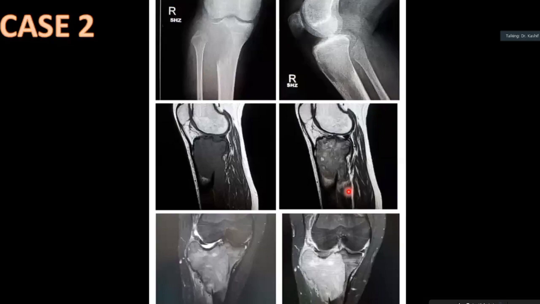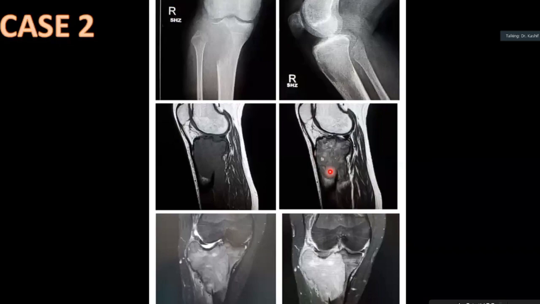So the differential diagnosis on plain radiograph would be giant cell tumor and probable malignant transformation, and you can confirm it on MRI. You can also appreciate some internal cystic T2 hyperintensities.